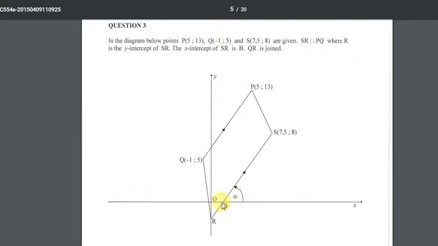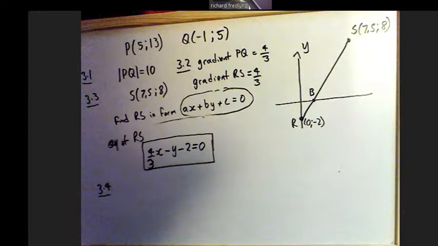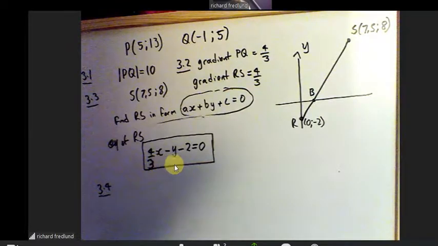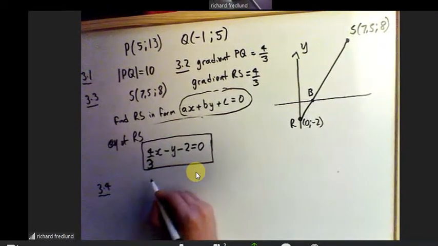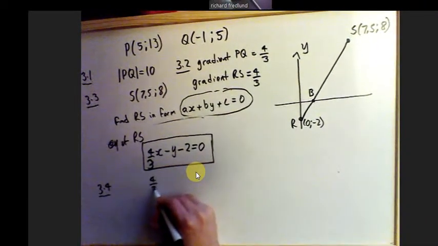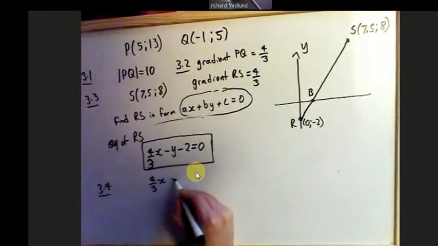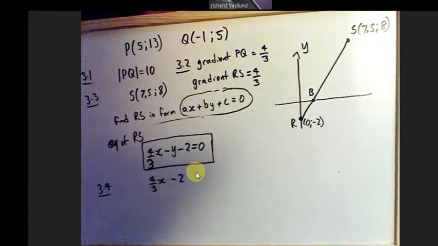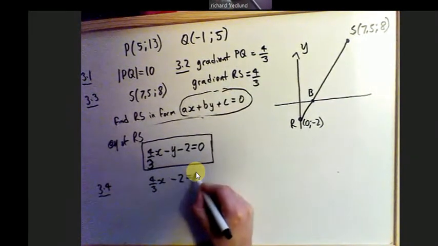So when y equals 0, we've already got the equation of this line RS, and we know that y is going to be 0. So 4/3x minus 2, because y is 0, so we can ignore it, is equal to 0.